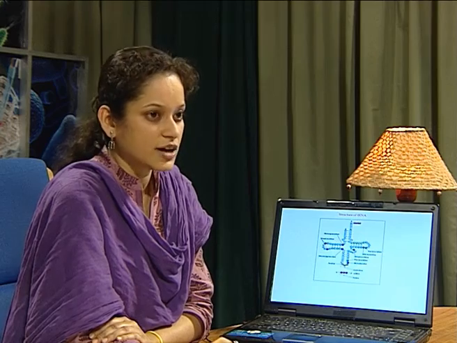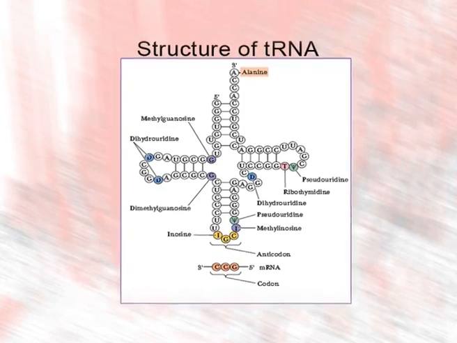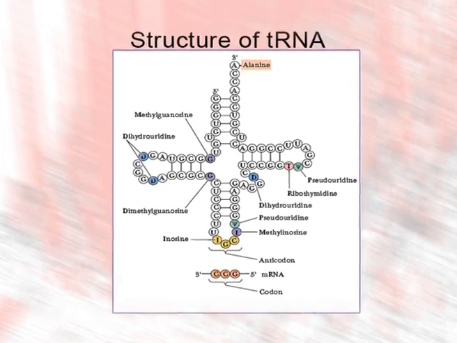tRNA, which stands for transfer RNA, carries the amino acid to the ribosome during the translation process. The primary structure of tRNA is a linear sequence of nucleotides whose total length is around 70 to 90 nucleotides. The secondary structure arises by the folding of the primary structure into corresponding stem loop structures.